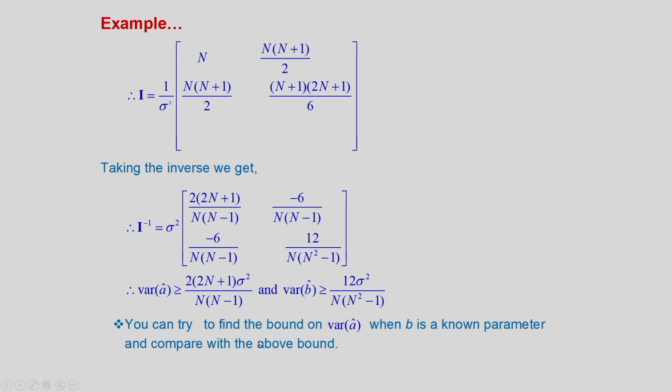You can try to find the bound on variance of A hat when B is a known parameter and compare with the above bound. We have found a bound when both A and B are unknown, but suppose B is known, then try to find out the bound on the variance of A hat and compare with this bound.